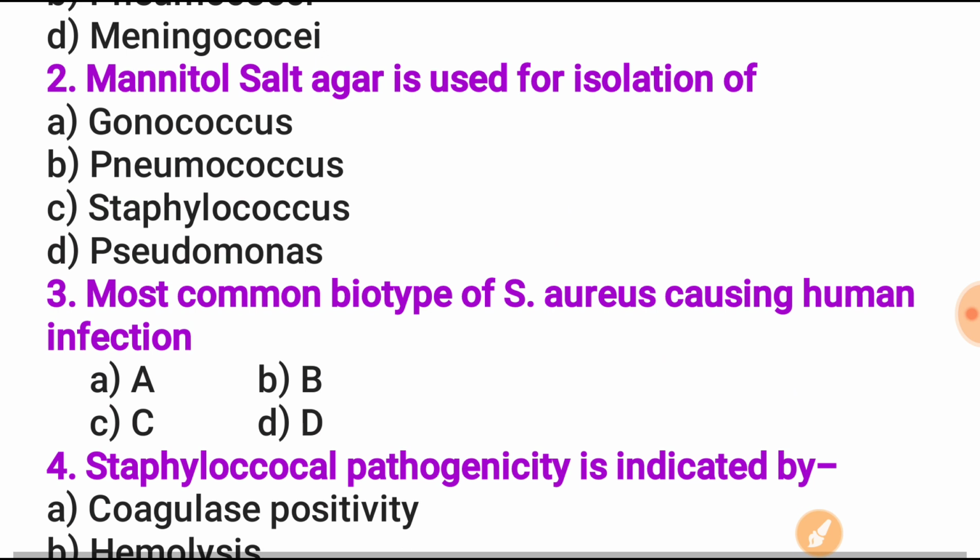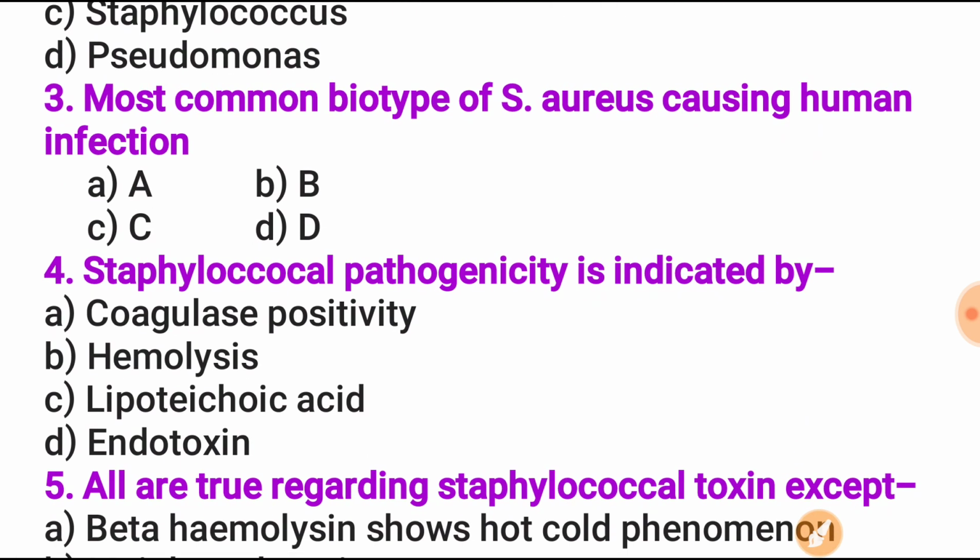Next question: the most common biotype of S. aureus causing human infection. Options are A, B, C, and D. The right answer is A. Most human pathogenic strains belong to biotype A.